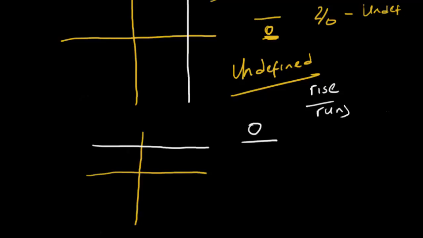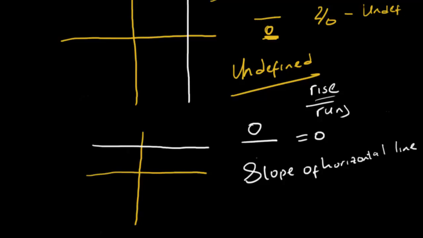So a horizontal line does not have rise, so we have 0 on top, and then we have runs beneath. Now 0 over anything equals 0, which means that the slope of a horizontal line equals 0. Now don't forget that the slope of a vertical line is undefined, and the slope of a horizontal line equals 0.